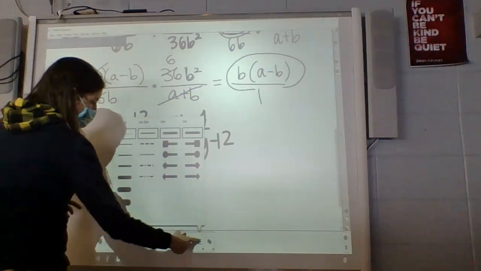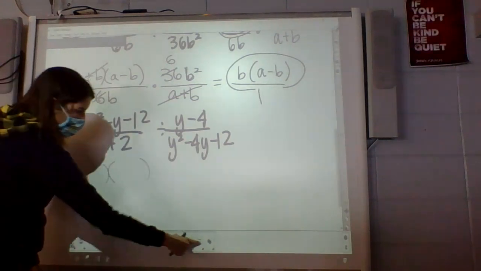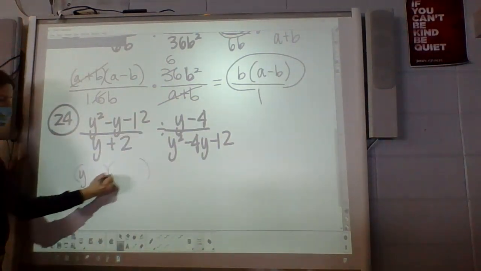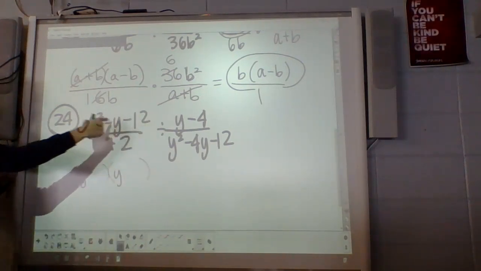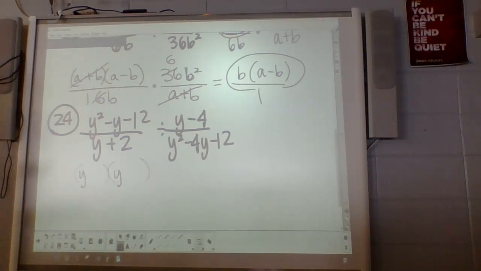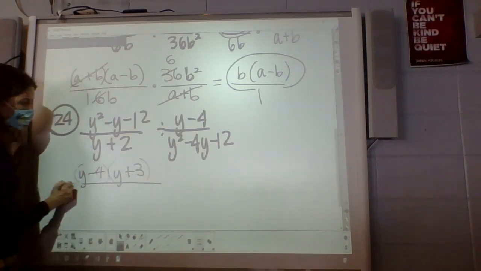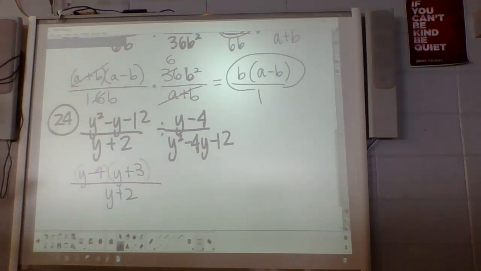So I might factor and flip it and multiply as I go here. Oh gosh, I didn't want to do that. Dotted lines. So this is y times y to get y squared. I want to multiply to negative 12, add to negative 1. So this will be negative 4 and a positive 3. So that becomes this new fraction.